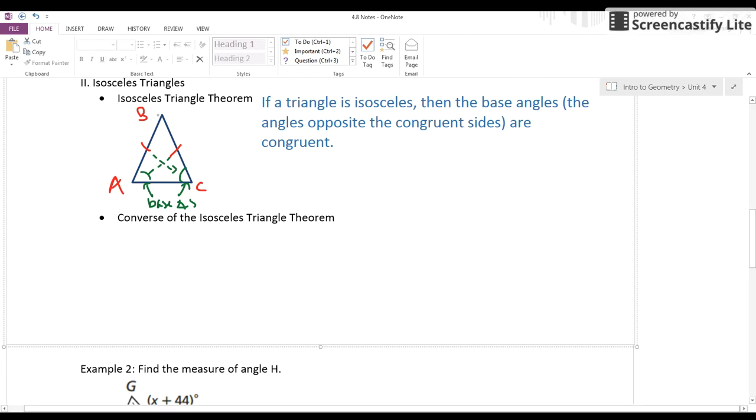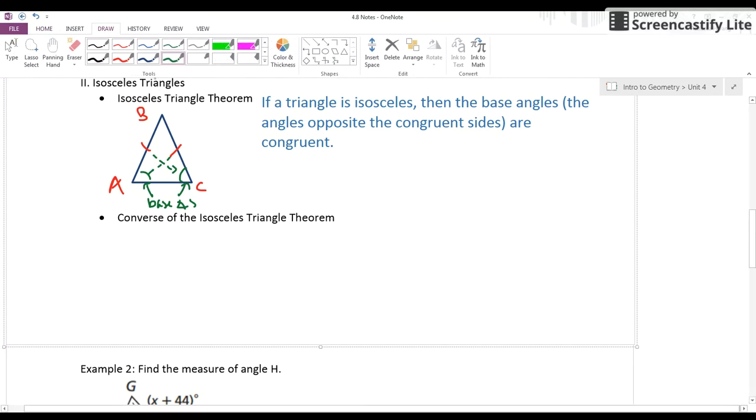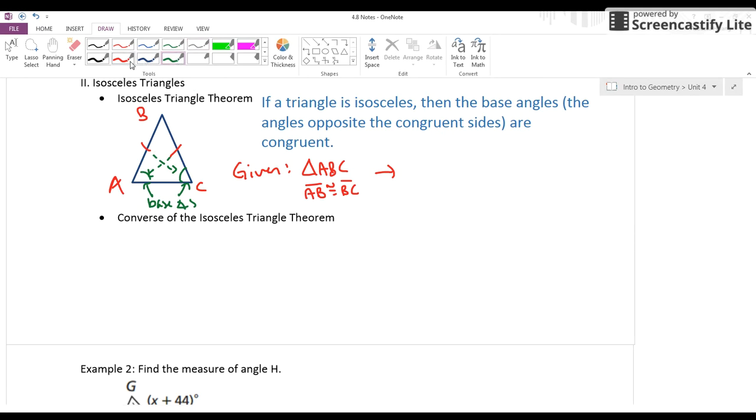If we are given this is an isosceles triangle, meaning we know that AB is congruent to BC, then we can say that the base angles, the angles opposite the congruent sides, angle A and angle C, must be congruent. So angle A is congruent to angle C.